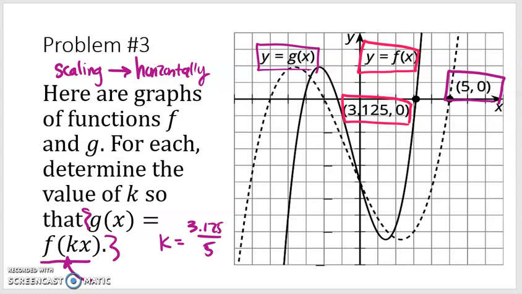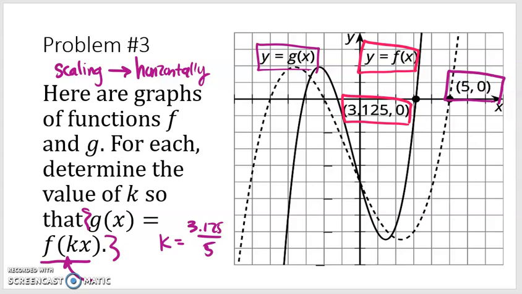So with that being the case, I would have 3.125 over 5. If I take the time to do that calculation, it will give me a decimal. More importantly, what I need to know is that if that's my scale factor, that value, fraction or decimal, ends up in the k spot.